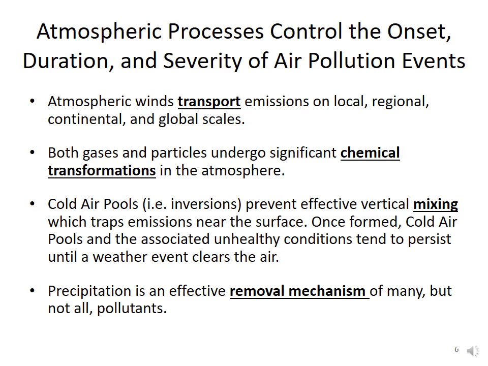And how do you remove this pollution from these episodes? Well, you can either have really strong winds, which will advect it to different locations and scour out the valley, or you can have precipitation. Rain out and wash out can effectively remove particles and many gases from the atmosphere, and snowfall can do the same as well.